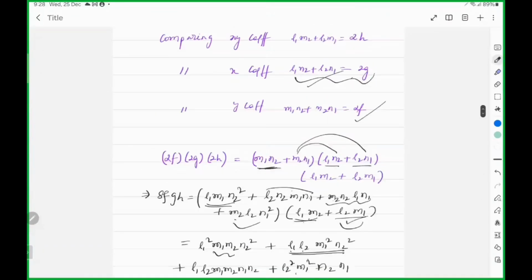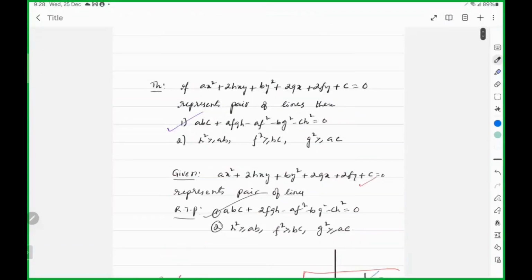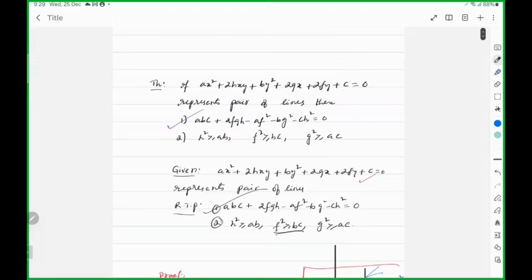So still what else do we have to prove? f² is greater than or equal to bc.